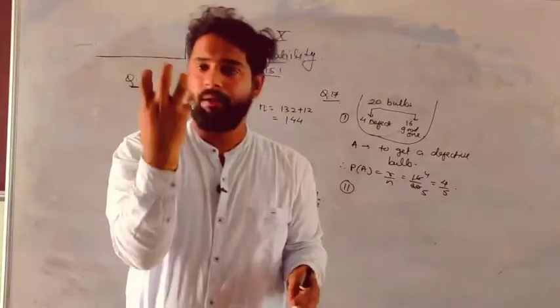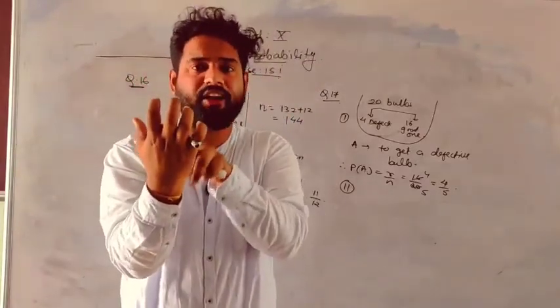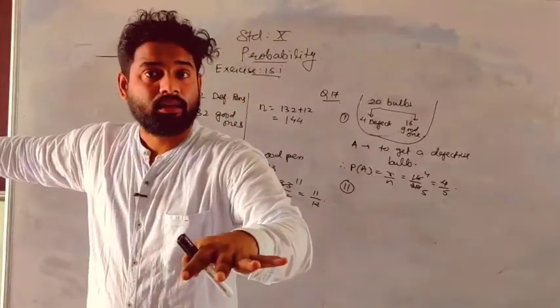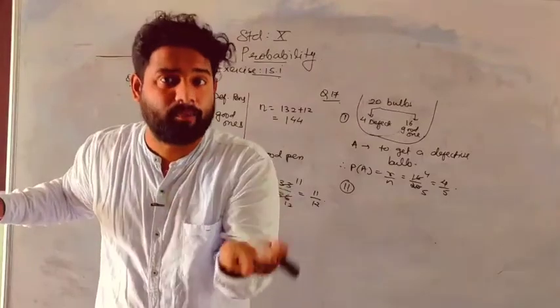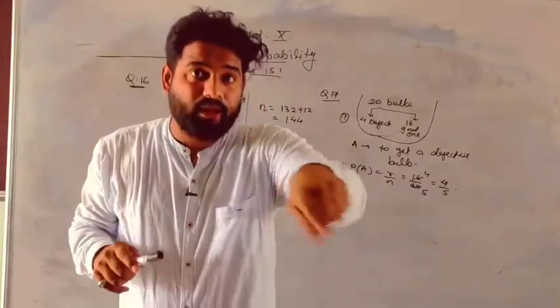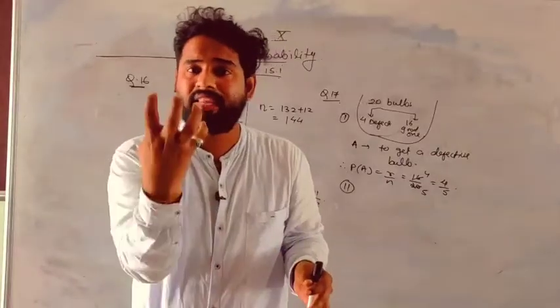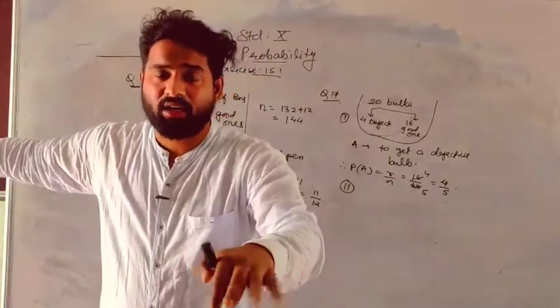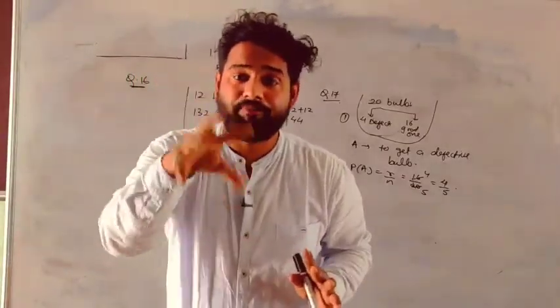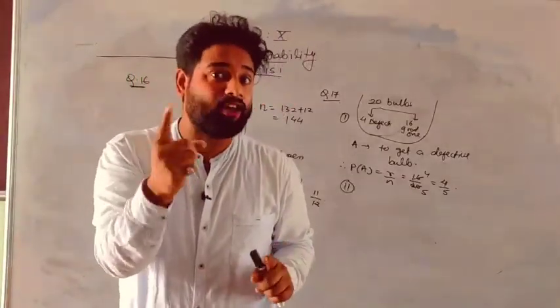If I am taking one bulb, observing whether it is defective or not, and I am keeping it out of that lot, that is called without replacement. Now after I kept this bulb outside that lot, the lot will contain only 19 bulbs. Why? Because that bulb which I kept out, I have not replaced it.